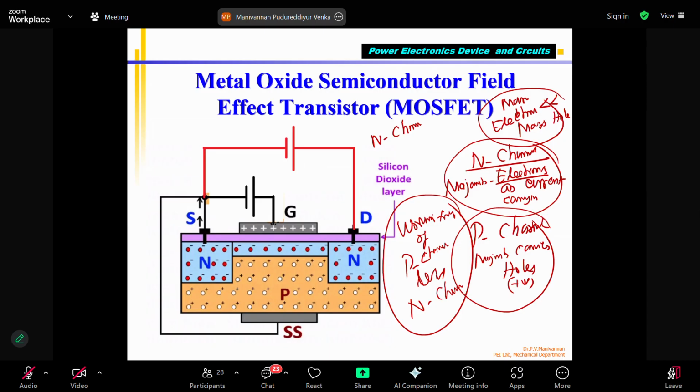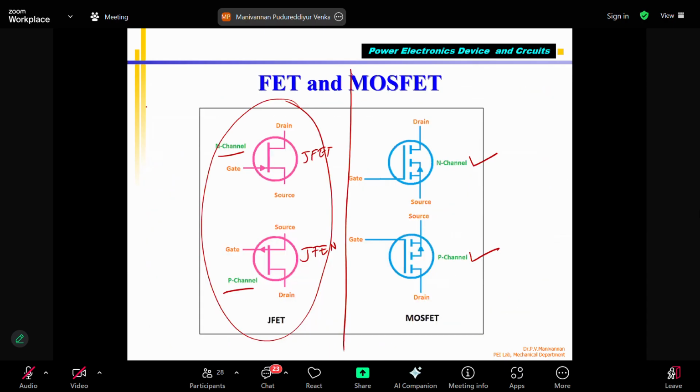That's why nowadays we say that two types of MOSFETs are there: the N channel MOSFET, symbolically represented like this, and this is the P channel. These were used earlier. For example, the microprocessor itself was invented by the Intel company.